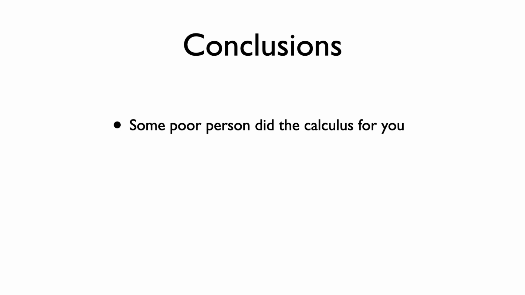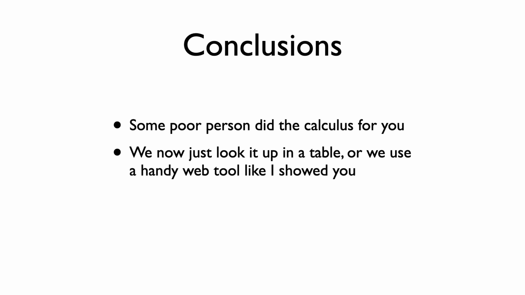It's pretty cool. And just honor those people, because nobody remembers who they are. We all remember Gossett and Fisher. Fisher was a racist, and Tukey. And these guys are great statisticians. But we never remember their graduate students who probably did all the calculations for them. So we just look it up on a table or use the handy-dandy web tool, and you're in business. It's really not horribly difficult.